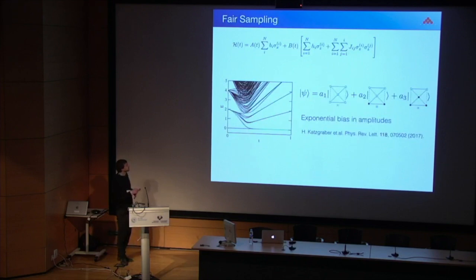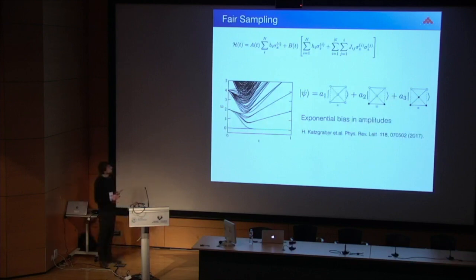Now, if we do this and we say, okay, our final Hamiltonian has now the configurations that we want as a ground state, and we adiabatically prepare this state, will we get our superposition? The answer is no, unfortunately. And the reason is that if we do this protocol, it's not simply that we go into an equal superposition of the states that are degenerate at the end.